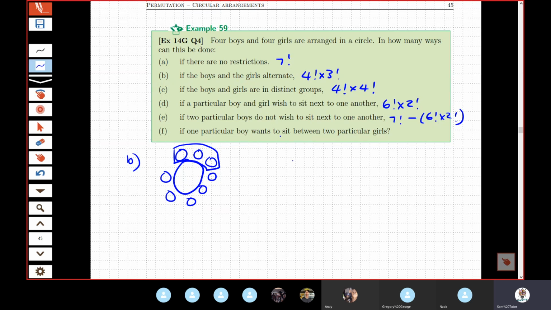One particular boy wants to sit between. That means girl here, boy there, girl here. And here we go: 1, 2, 3, 4, 5, 6. So 5 factorial times the girls switch places. You happy with that?